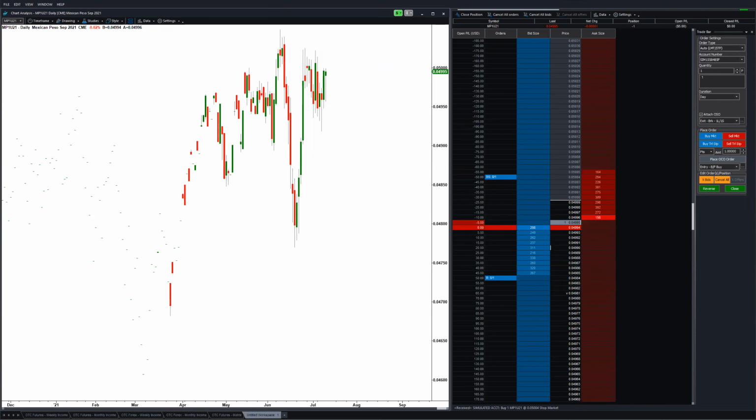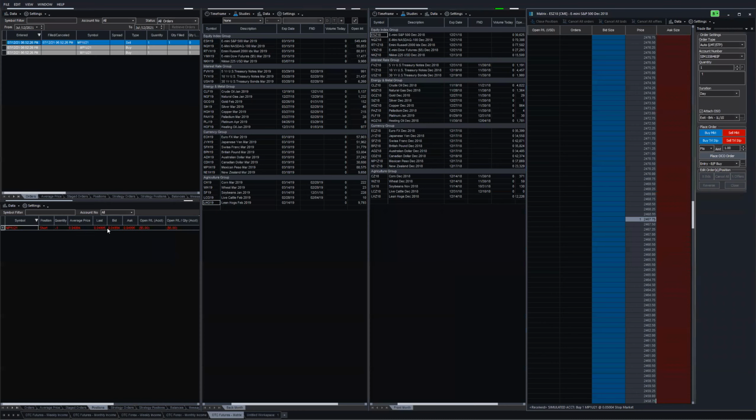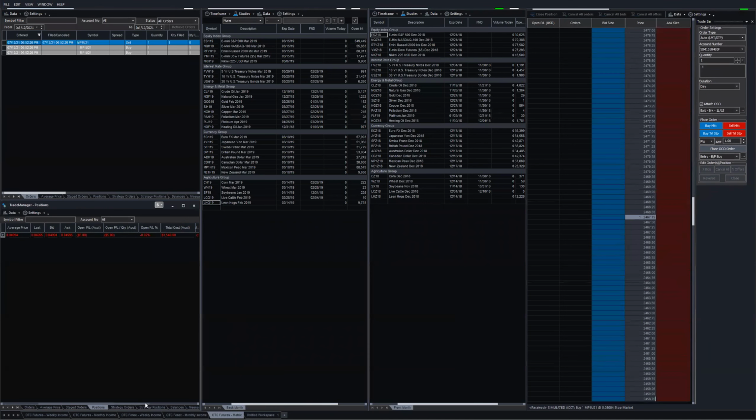Now I'm going back to my matrix, and I see on this window the ask, bid, open P&L. I don't have total cost. This is my margin requirement. This is the market value, basically. So this divided by this is my leverage.